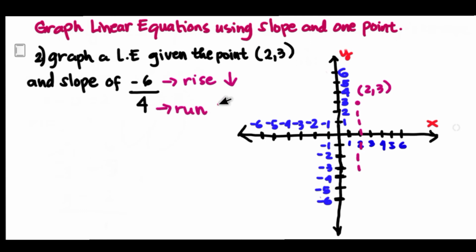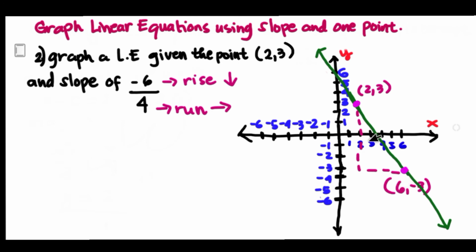So, yung run, since positive yan, pupunta tayo ng kanan, 4 na beses. So, 1, 2, 3, and then 4. So, saan tayo nag-stop? Dito po. Ano pong point yan? (6, -3). So, 6 po yung x and then yung sa y naman is negative 3.